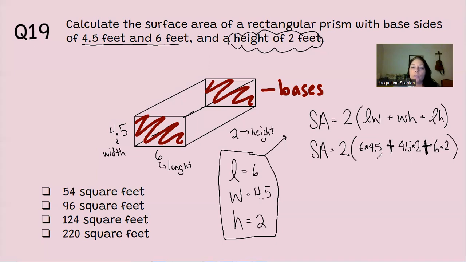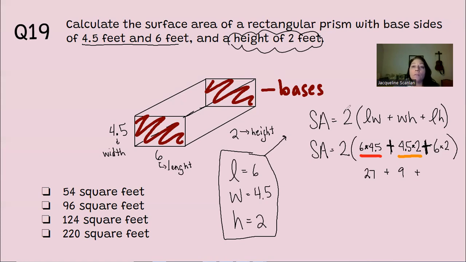First thing I'm going to do is 6 times 4.5, and again, using my calculator, I get 27. And then I'm going to go ahead and use my calculator to do 4.5 times 2. And I happen to know that's 9. I could use my calculator.